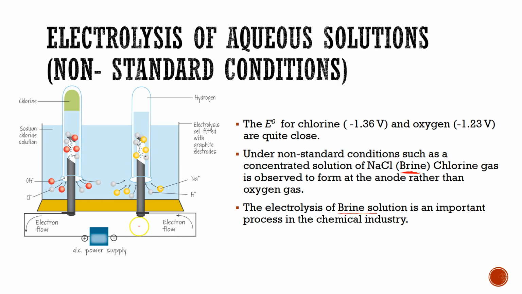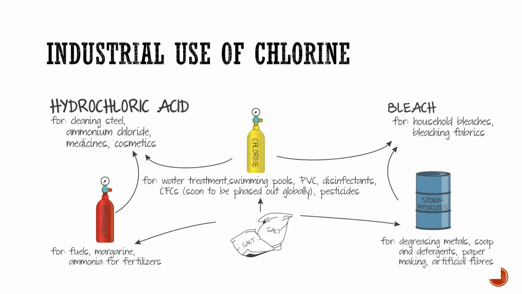But the key thing to remember is that when it is a concentrated solution of an ionic salt, we need to check, because those halogens can start to form their gases. So they can be oxidized at our anode instead of water, and that's with concentration considerations. And then we can use this chlorine for a large number of industrial purposes.